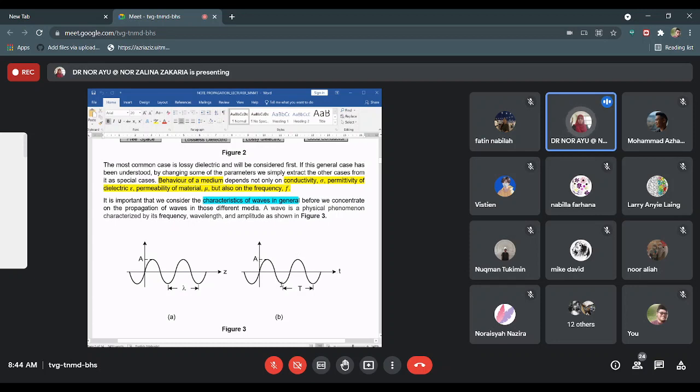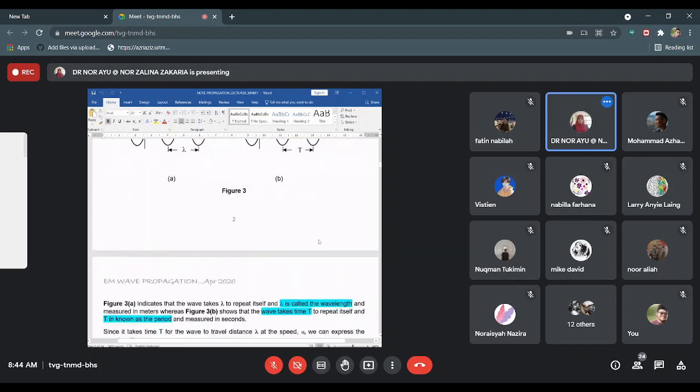So if we take the same measurement from this lambda into this signal or wave, we can say that one lambda will be equal to one period of time T. Okay, period of time T. Alright, so it will be the same.